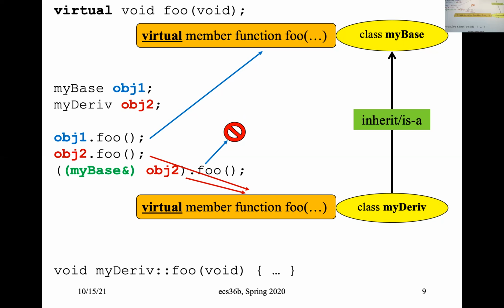So if an object was created as a derived, then no matter how you manipulate the pointer or the reference, it will still go back to its original intended behavior. So that's the virtual function. I'll first tell you the definition and the simplest case, then I will go a little bit deeper after this.